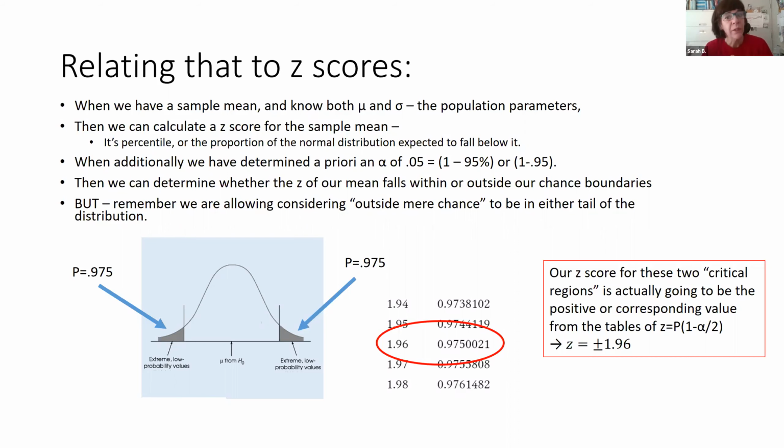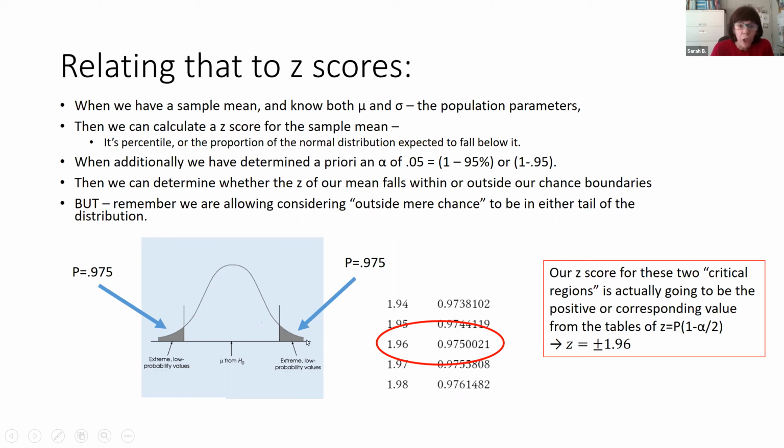And so if we have an alpha of 0.05, and then we obtain the z-score related to our sample, we can determine whether or not our sample mean falls within the body or outside the body. So this is 95% that I've got in the middle of this body.